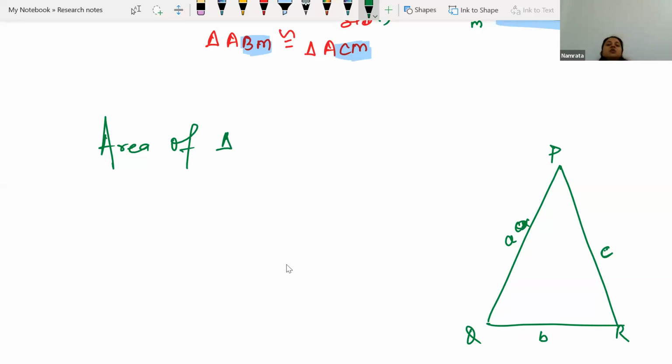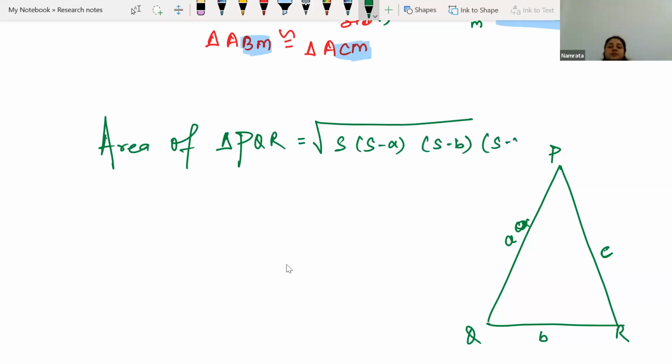So if we know the length of each and every side of a triangle, then we can easily find the area of triangle PQR. How? By using Heron's formula, and the formula is under root s, s minus a, s minus b, and s minus c. This a, b, c you already know, they are nothing but the lengths of the sides.